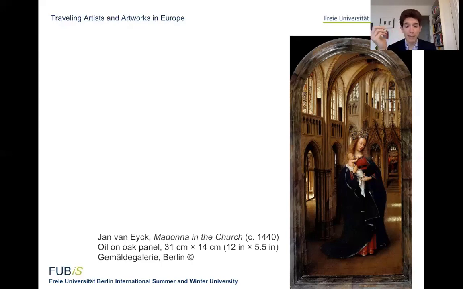And the oil painting allowed the shimmering splendor of colors that is typical of Van Eyck paintings and of this small painting also that we have in front of us.